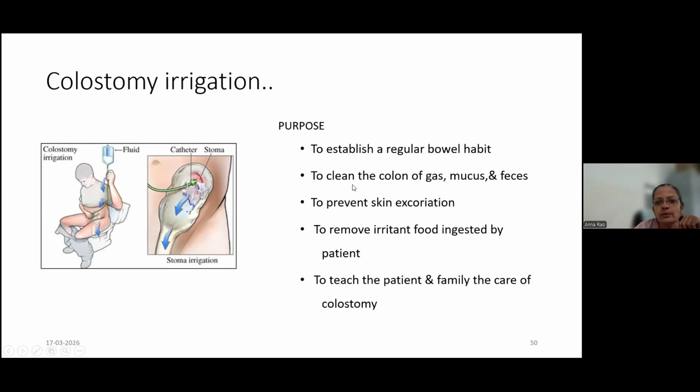Let us see. The purpose is to establish a regular bowel habit, as I said. It will clear the colon of gas, mucus, and feces. Plus, it will prevent skin excoriation because there won't be any leaking. Any irritating food that has gone in can be removed. It is done once a day only.